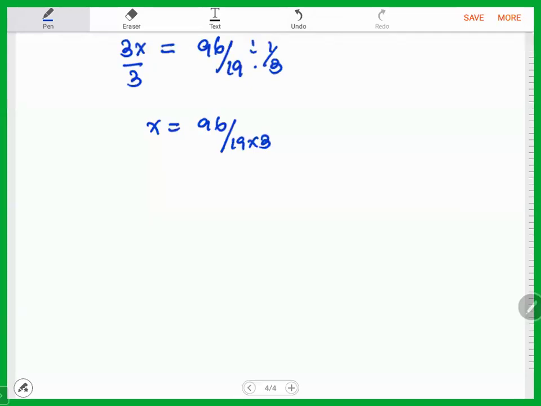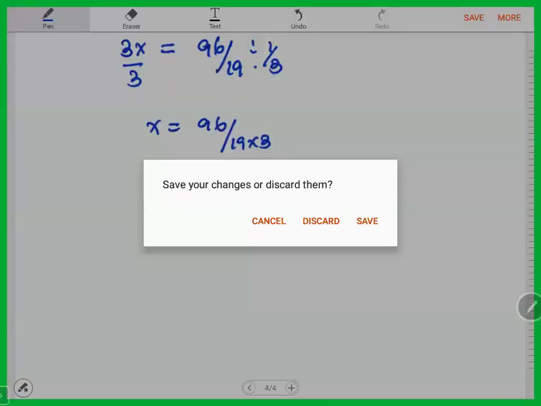19 times 3, that is 57. So x is equal to 96 out of 57. 96 divided by 57 is 32 out of 19.